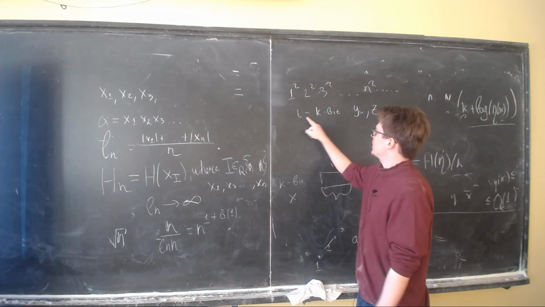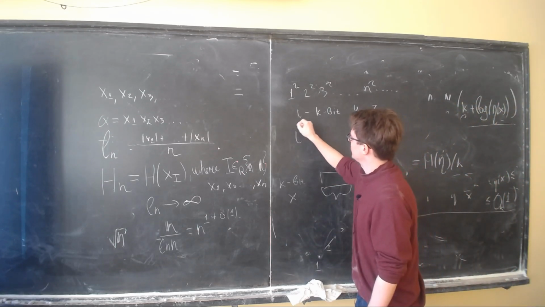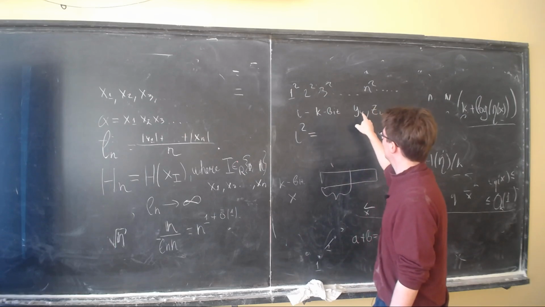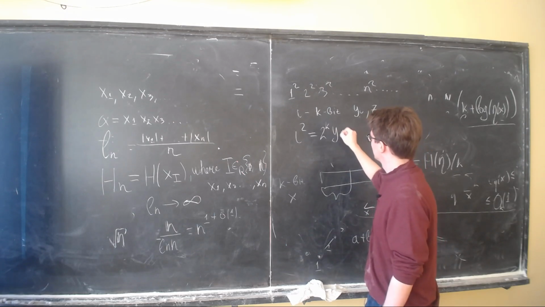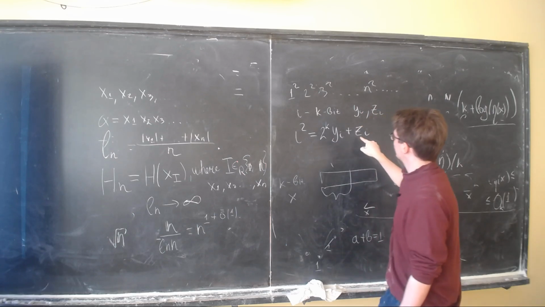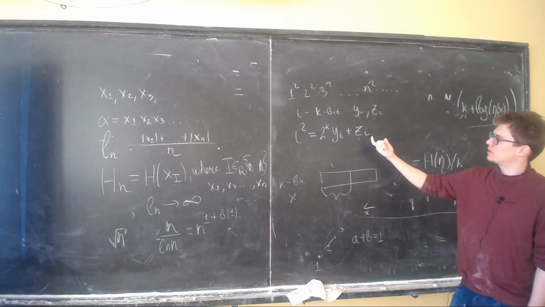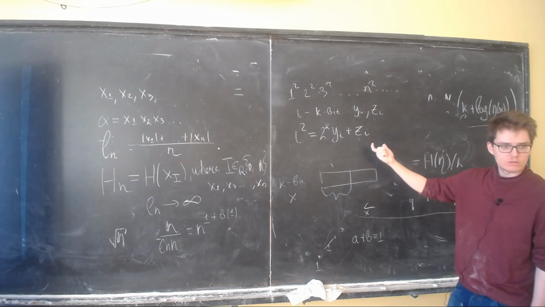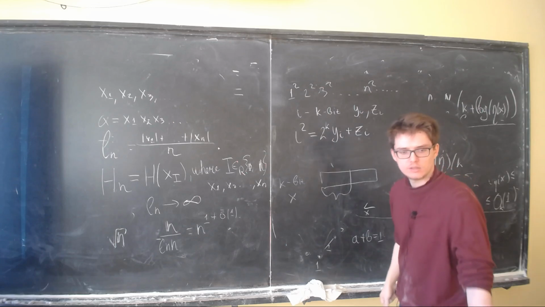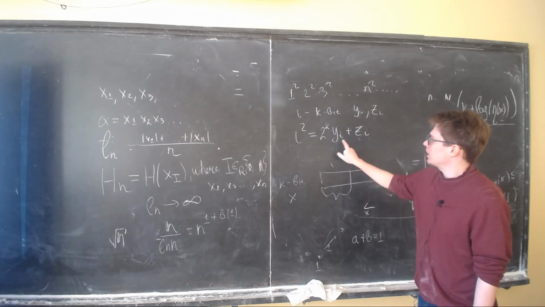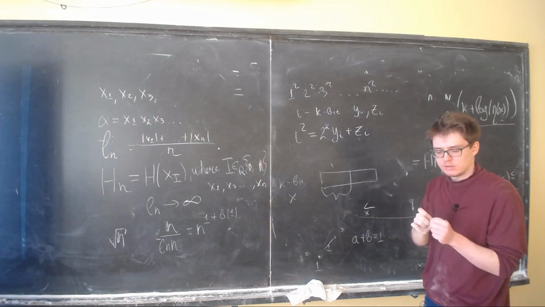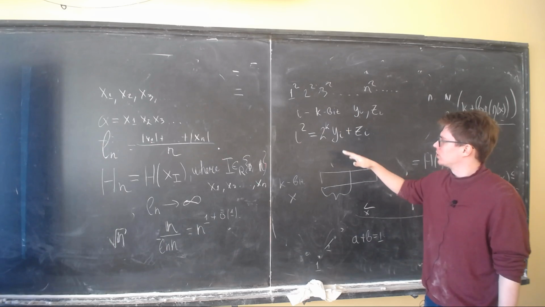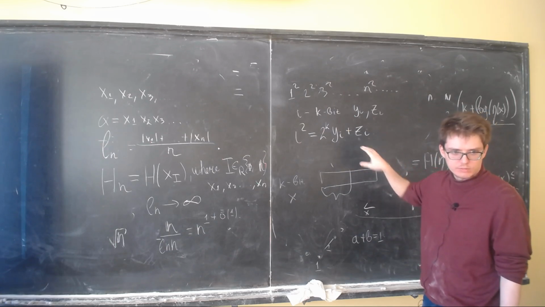If i is a k-bit integer, then let me define yi and zi as follows. zi is the less significant k bits of i squared, and yi is the k most significant bits of i squared.